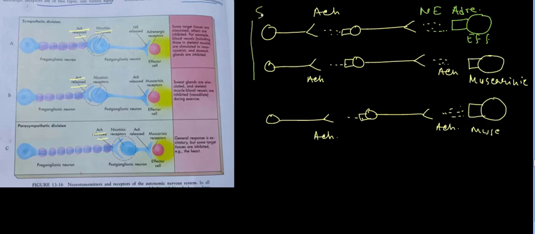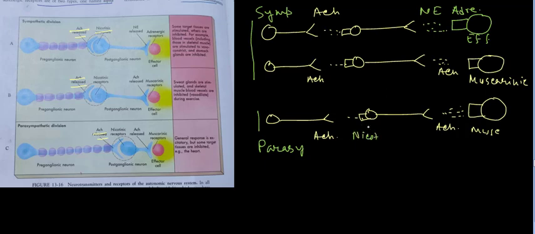So this is the neurotransmitter of the sympathetic nervous system, and this is the neurotransmitter of the parasympathetic division. Okay, so in the sympathetic and parasympathetic divisions, both preganglionic neurons release acetylcholine, and this acetylcholine binds with the nicotinic receptor.